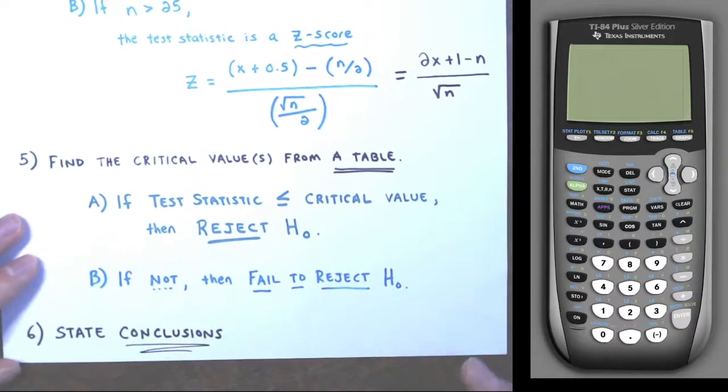And then once you've decided to either reject or not reject H sub 0, the null hypothesis, then you can state conclusions about the claim being made. And I'll even show you too, I have a table where even that is kind of provided, how to word your conclusions.